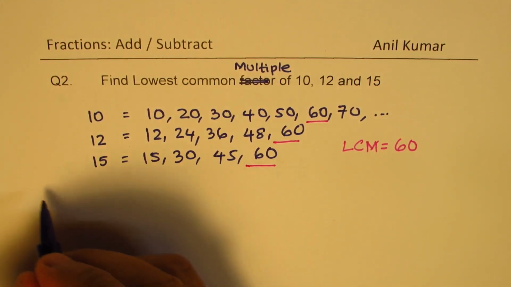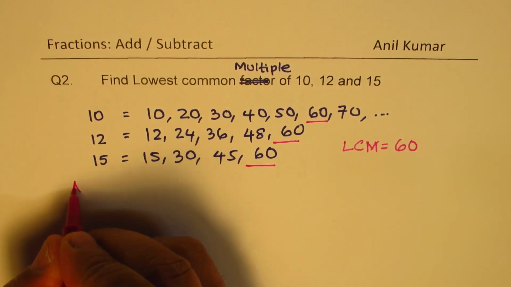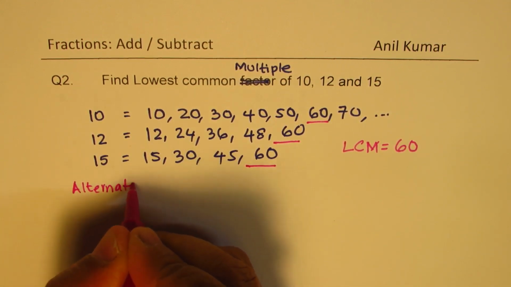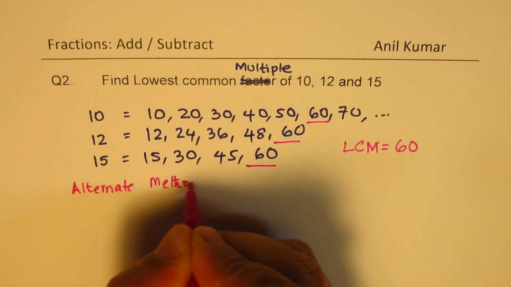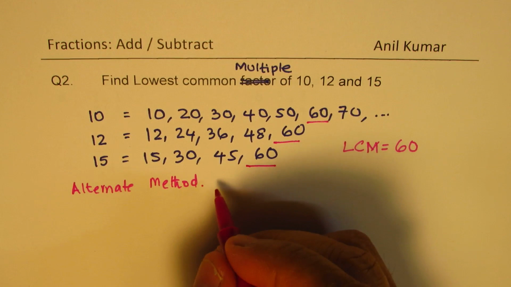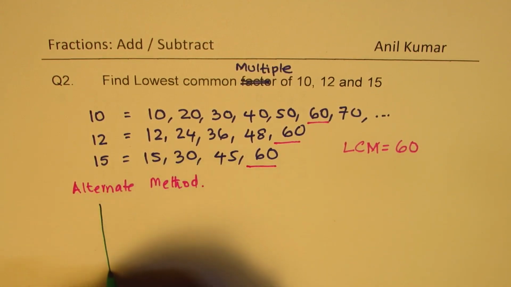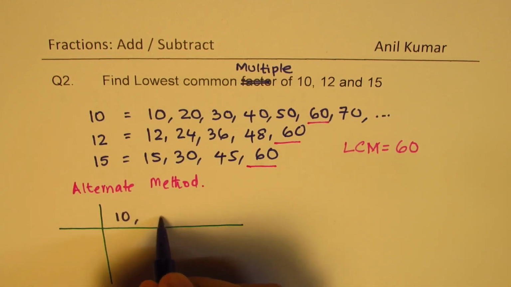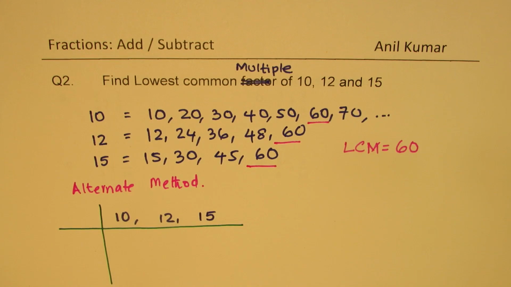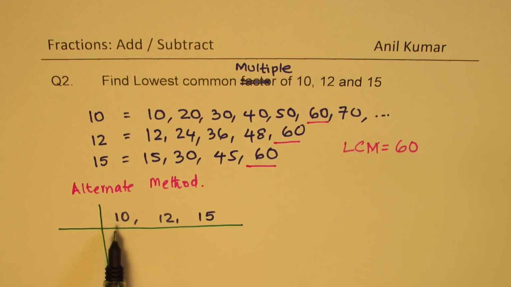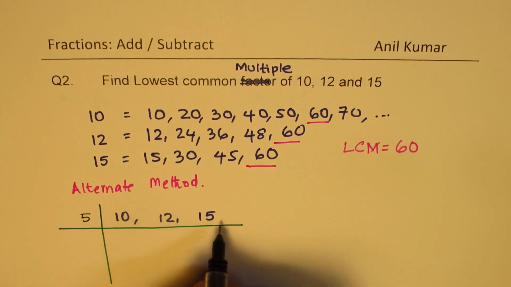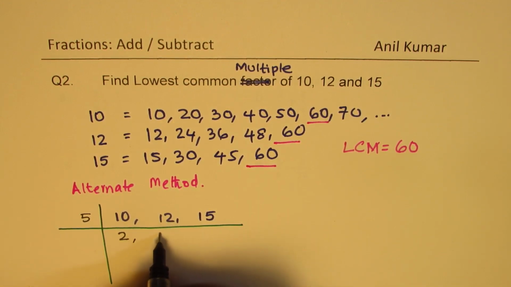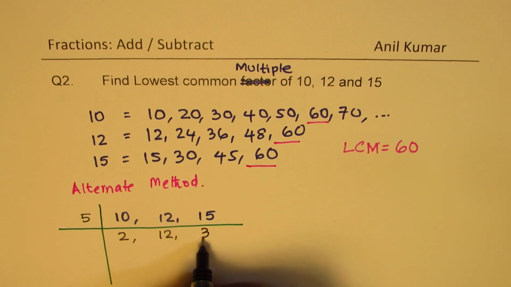Now here is another method which we say alternate method. So the alternate method is like ladder division. So what we do here is that we take the numbers. Here we have 10, 12 and 15. To find the lowest common multiple, we first figure out what are their common factors. Now we could actually divide by 5 two of these numbers. 5 times 2, you cannot divide 12, write it as such, and 15 goes 3 times.